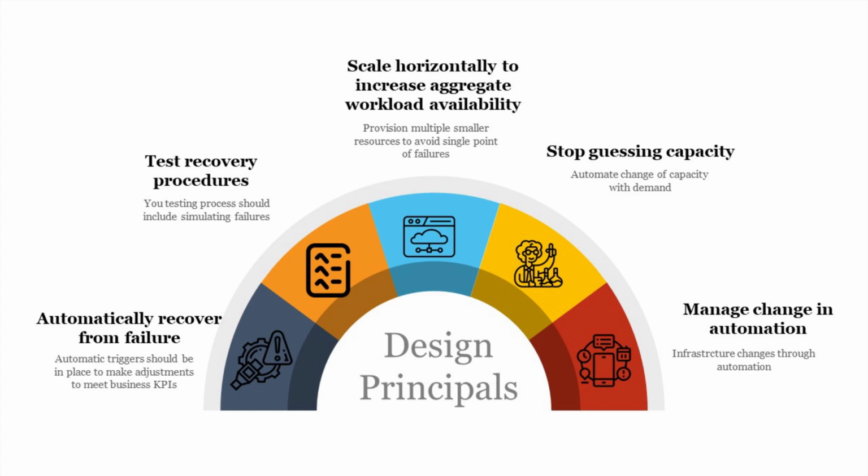Manage change and automation. By making changes to your infrastructure through automation, you can track and review them. This also sets up operational procedures to automate infrastructure changes in the time of need.